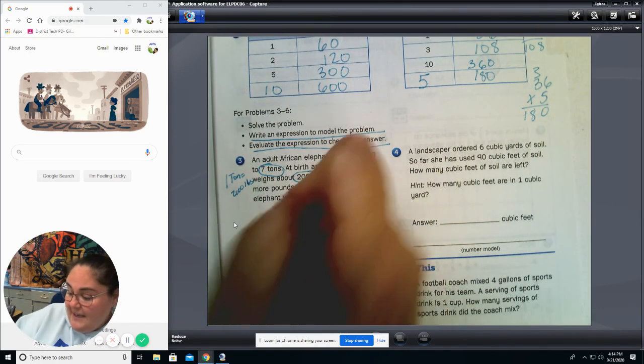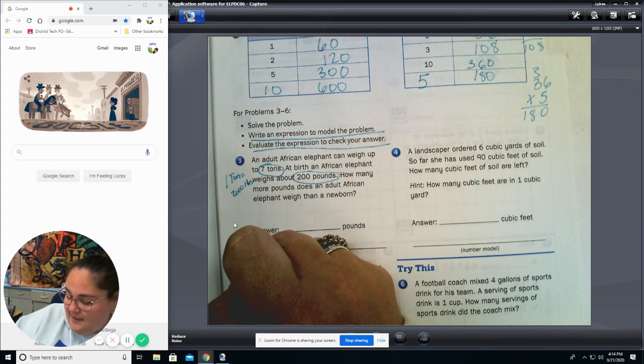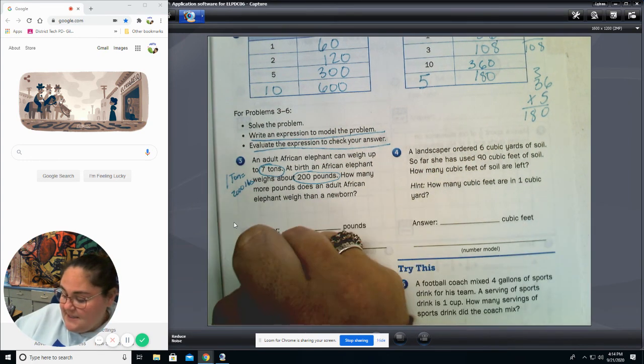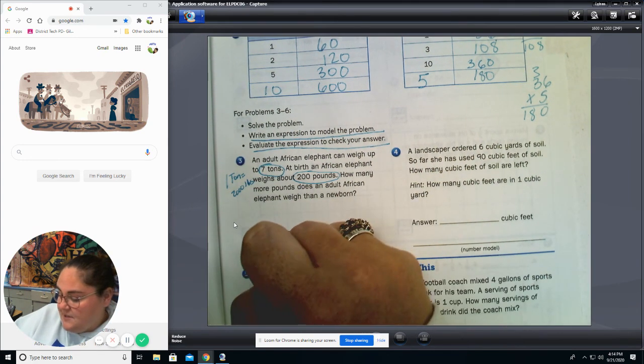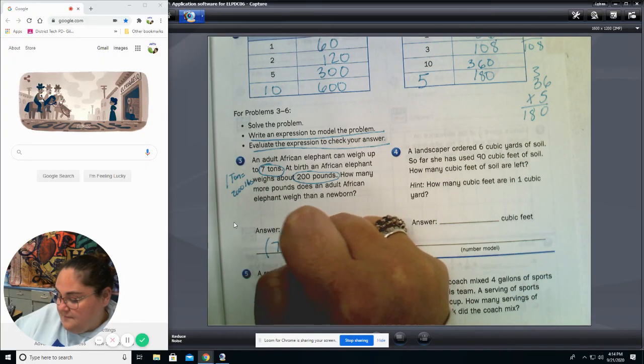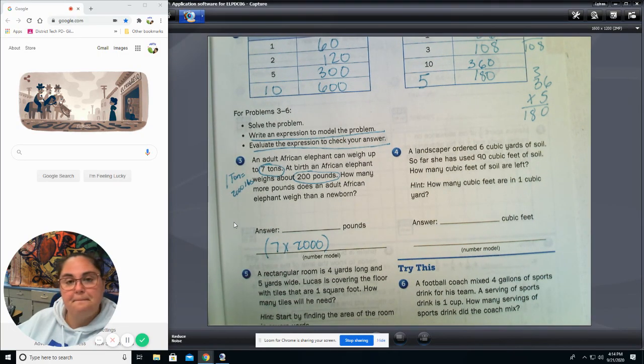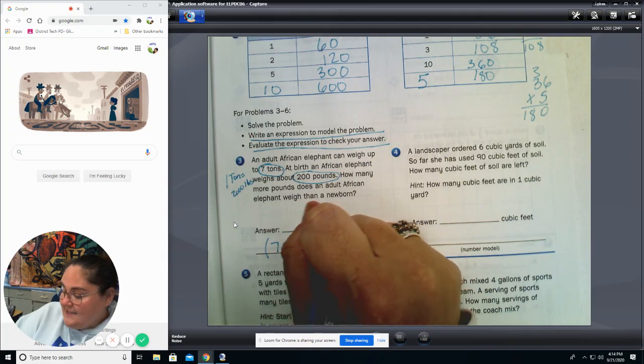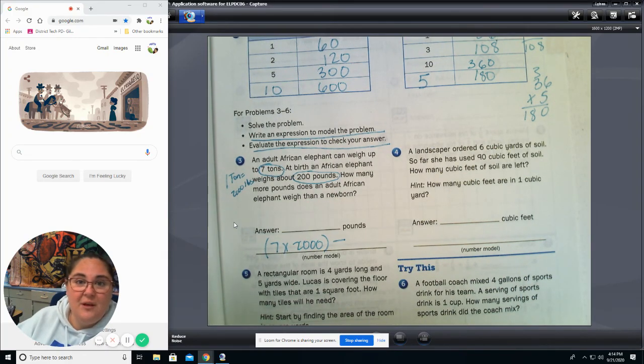So I know that I need to change that first before I do anything. So in my parentheses, I'm going to do 7 times 2,000. Then I need to figure out how many more pounds does an African elephant weigh than a newborn. So now I get to subtract how much do they weigh when they're a newborn.